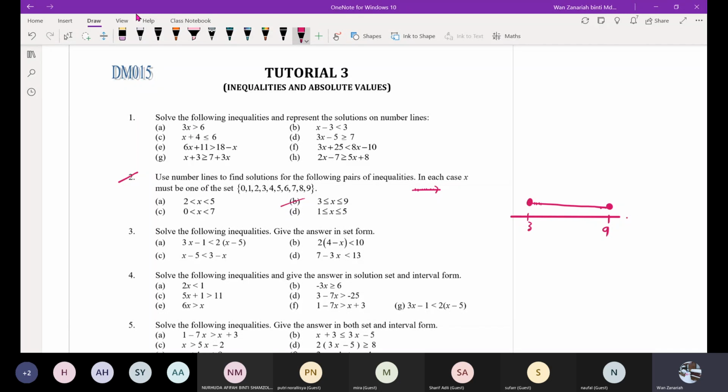But since it is already stating the values, the values only consist of whole numbers. So you have to plot 3, 4, 5, 6, 7, 8, 9. You adjust the spacing. Okay, that is how you do that.